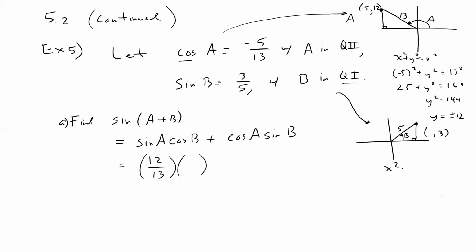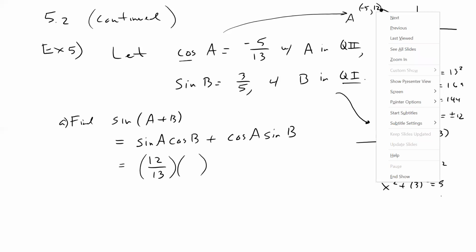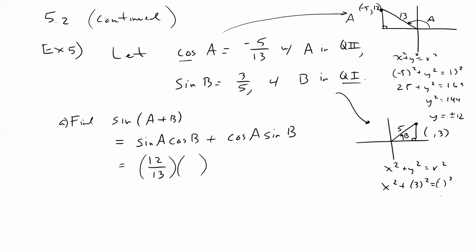In this case, we're missing the x value this time. 9, 25, 16, plus or minus 4, and what we do is we take the positive 4, not the minus 4. Okay, talk to me here. I'm going a little fast.